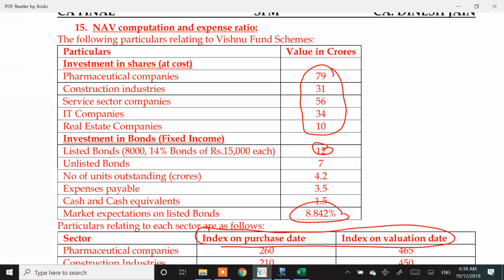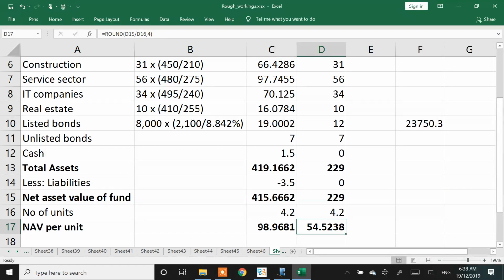Beginning NAV is equal to 79 plus 31 plus 56 plus 34 plus 10 plus 12 plus 7, divided by 4.2.